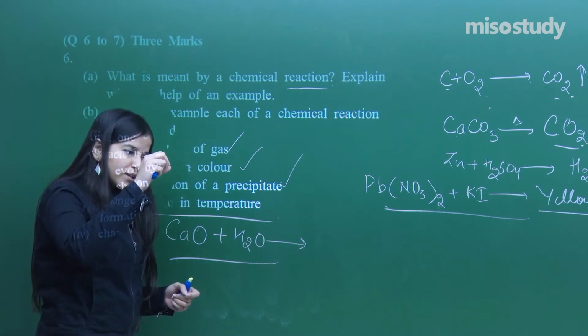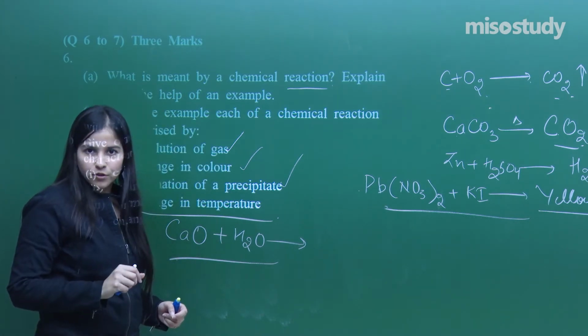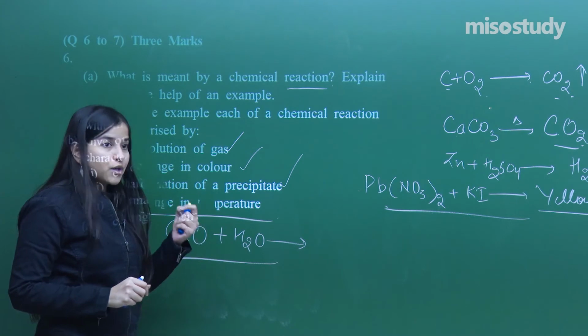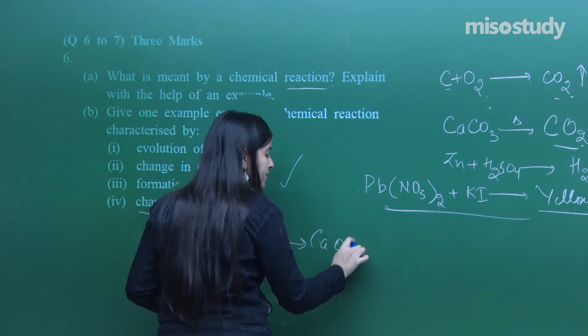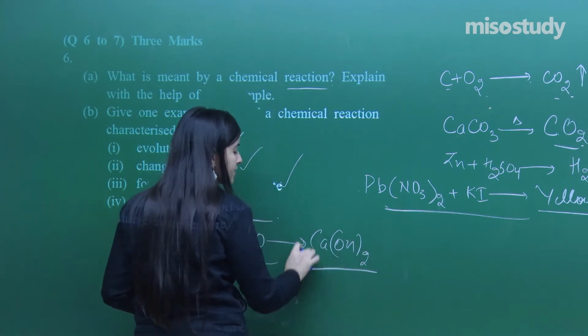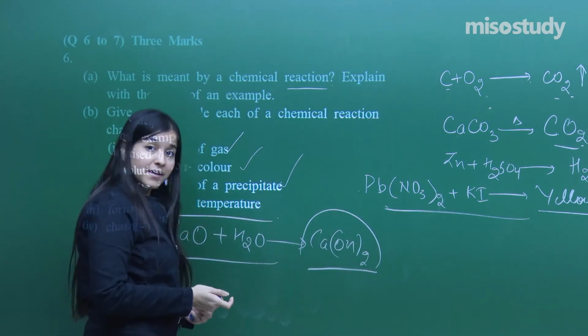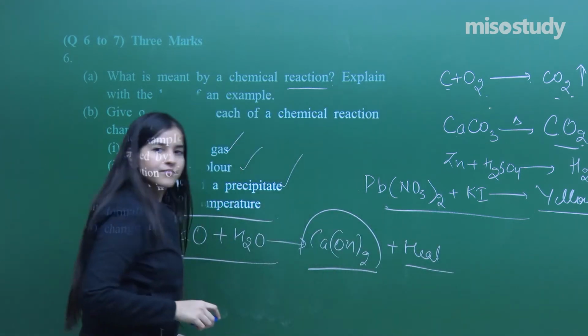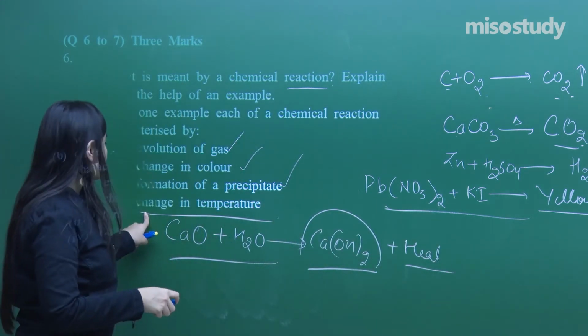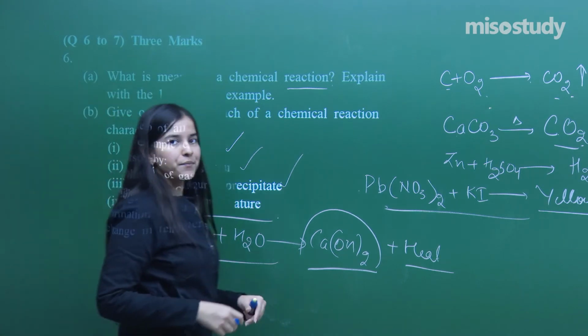If I put a few drops of water onto it, it will start releasing a large amount of heat and we get calcium hydroxide as the compound formed, plus a lot of heat is evolved, okay. So, that is one of the reactions for the change in the temperature.